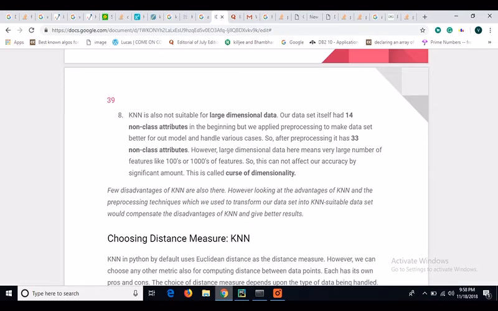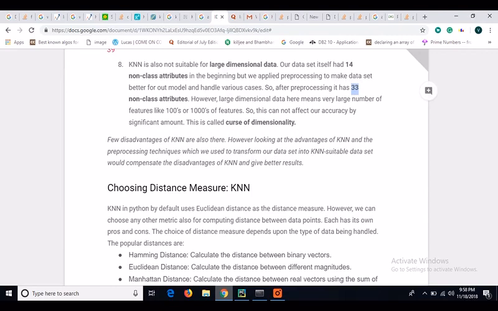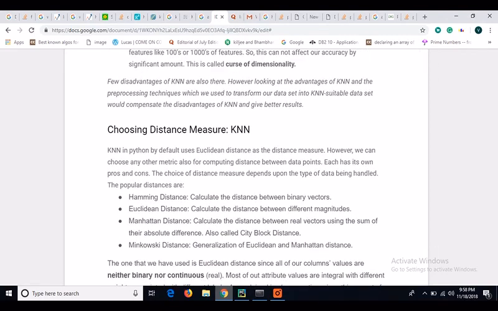This disadvantage of high dimensional data is called the curse of dimensionality, which will affect the model. But high dimensional data means hundreds or thousands of features, and our training data has only 33 features. So this should not affect our accuracy, and KNN should work perfectly fine.